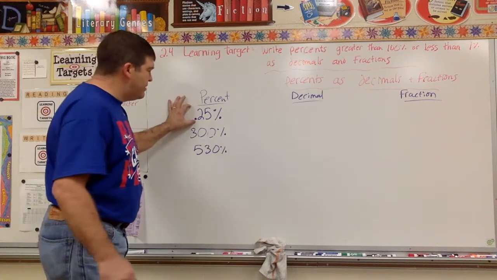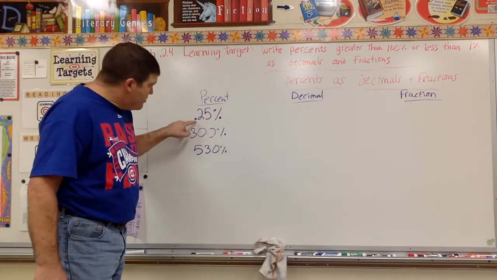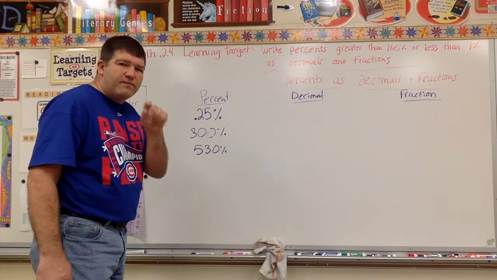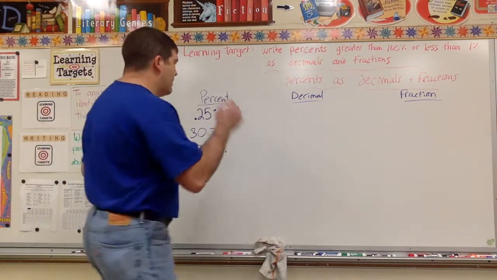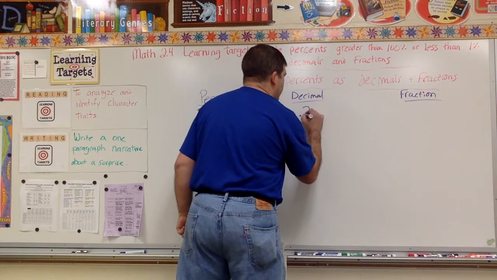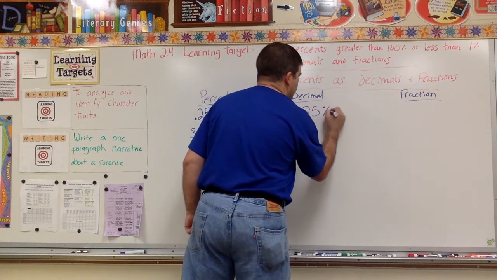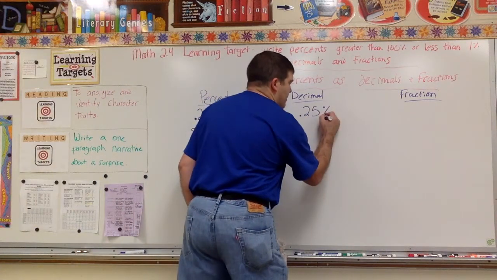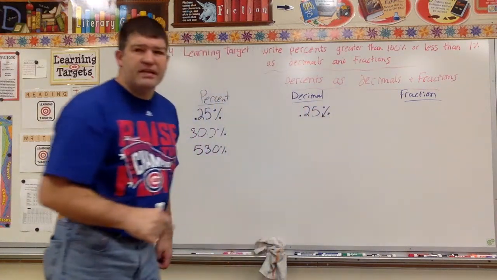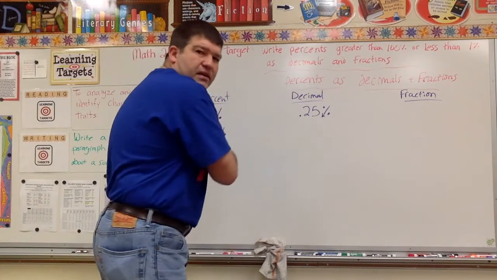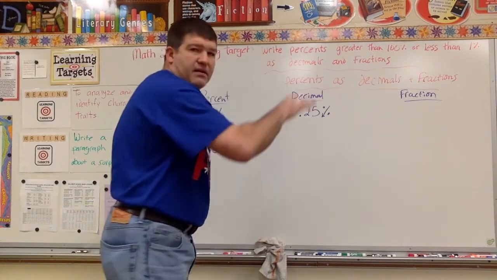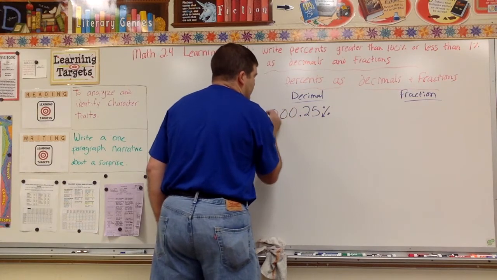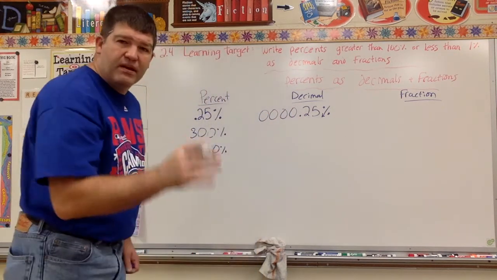Now this is 0.25%. So it's less than 1%. It's very small. So I have to write it just like it is, 0.25%. And remember that we're going this way to get rid of that percent symbol. We want to get rid of it. So it goes down and out, down and out. And I'm going to put some zeros here because I think I'll need some place values to go the other way.